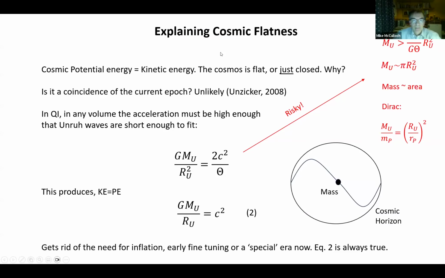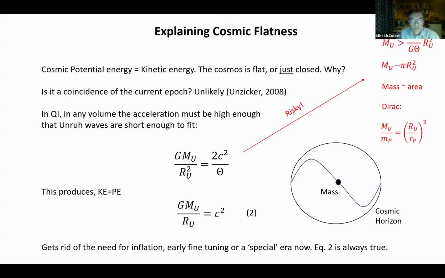So there's also another big problem in astrophysics called the flatness problem. The problem is that when you look at the cosmos as a whole, its potential energy equals its kinetic energy. Another way of saying it is that the cosmos is flat or just closed. This means it's got just enough kinetic energy to reach a peak before falling back and collapsing.